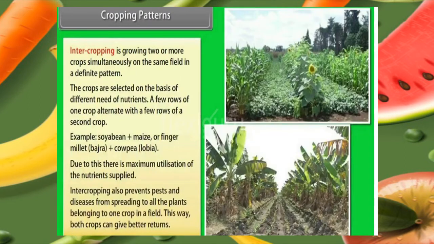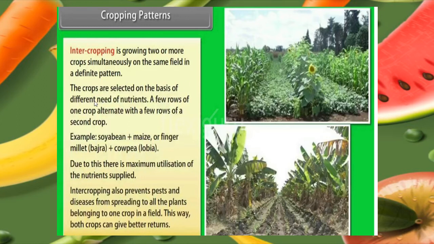The second type is intercropping. Now what is the difference between mixed cropping and intercropping? In mixed cropping, the seeds are mixed randomly, there are no separate rows. But in case of intercropping, there is growing of two or more crops simultaneously on the same field in a definite pattern. Here you can see there are separate rows for the separate crop plants.